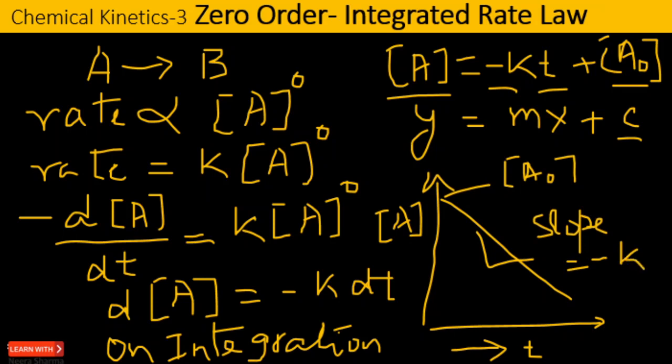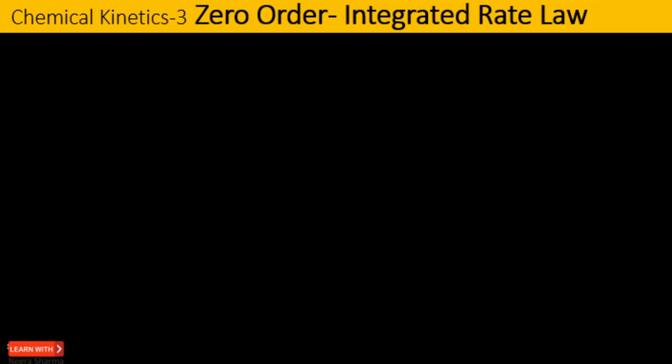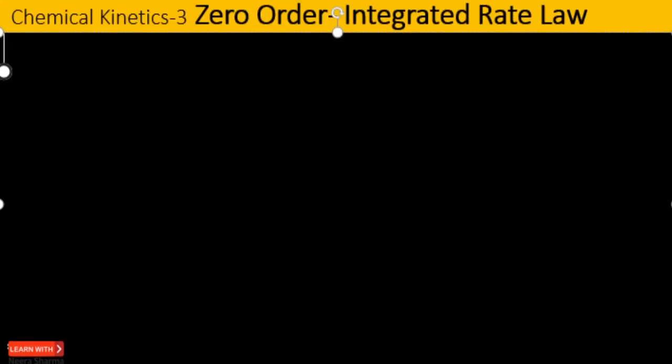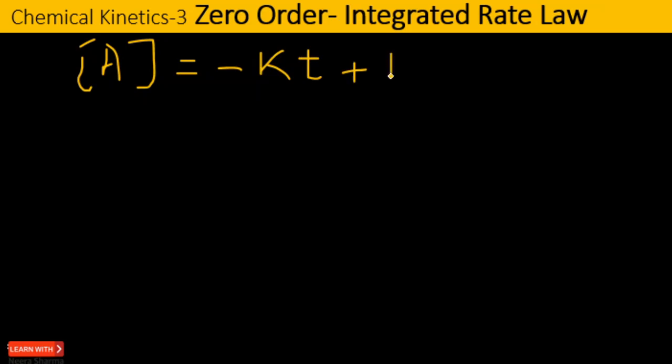So this is the equation that we have for a zero order reaction: concentration of A is equal to minus Kt plus concentration at time 0, A naught.